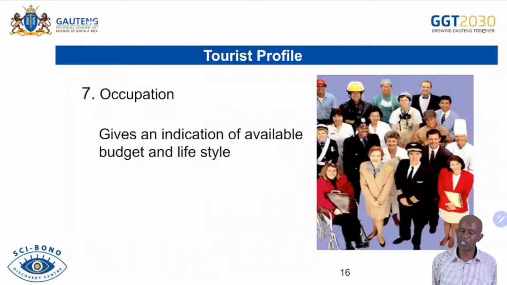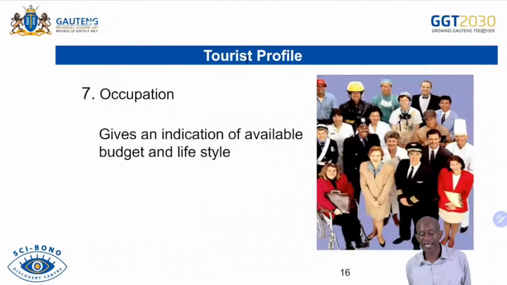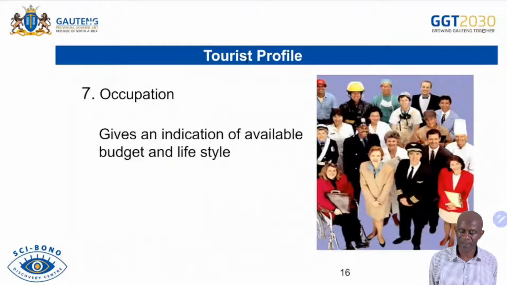Another key aspect of the tourist profile is the occupation. From the slide here, it gives you an indication of available budget and lifestyle. So the occupation will determine the expenses that go with the type of tour that you are planning for your tourist.